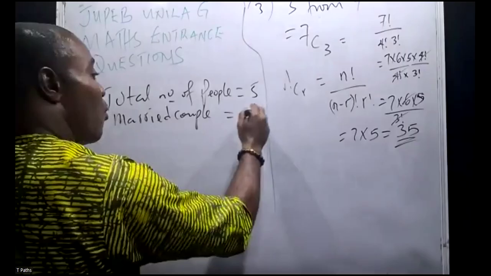Though they are 2, right? They'll be treated as 1.